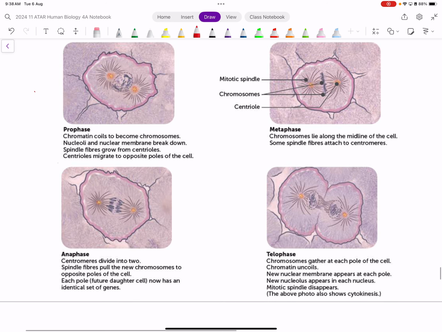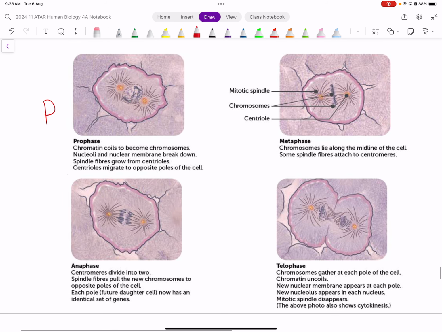So if we start over on the top left, we have our prophase. In prophase again, our chromatin coils and we get the formation of our chromosomes. Our nuclear membrane breaks down. Our spindle fibers grow out from our centrioles, and our last part here is that our centrioles begin their migration to opposite poles of the cell.